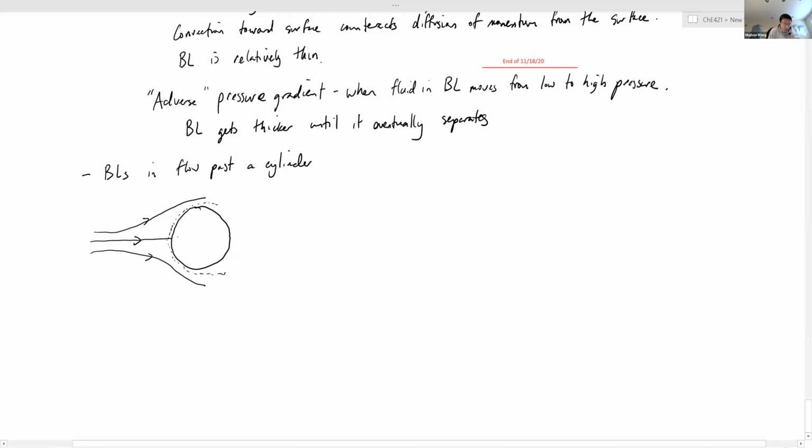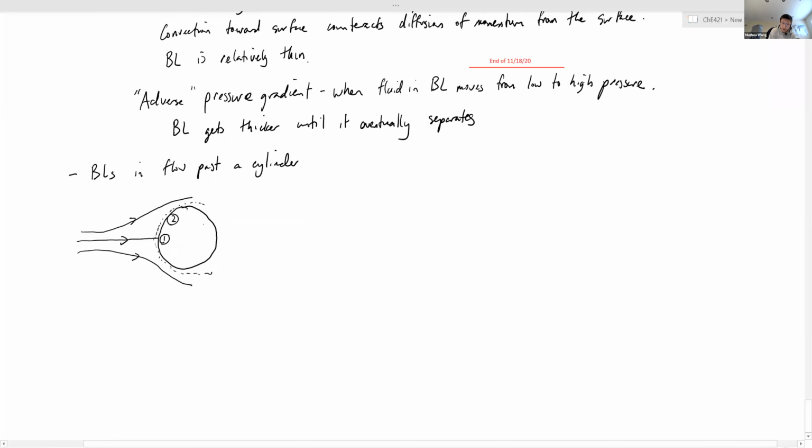Let me go ahead and number those regions. I'll call this point right here number 1. This point over here is going to be number 2, more at like 10 or 11 o'clock or something like that. Okay, and then at, let's say, 2 o'clock, I'll put region 3 right here.